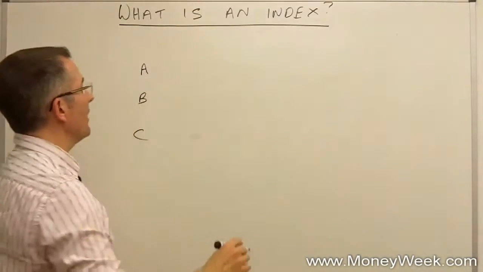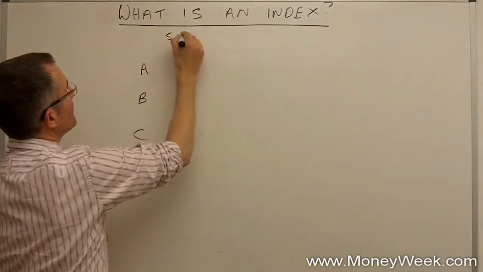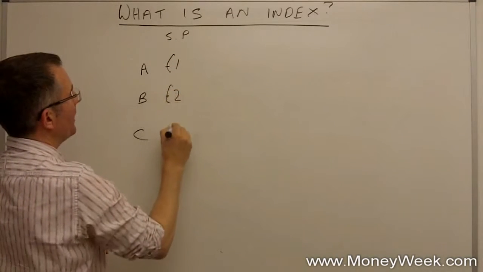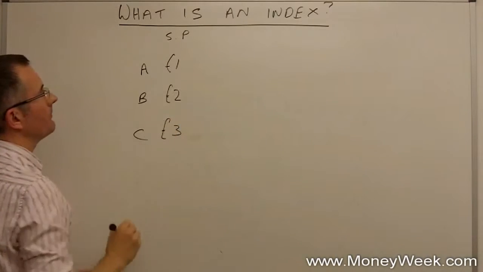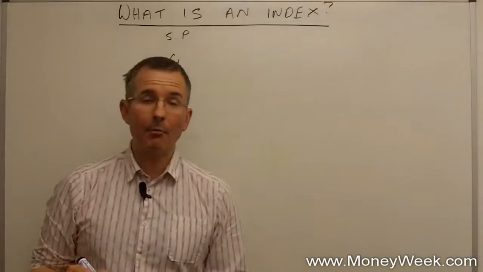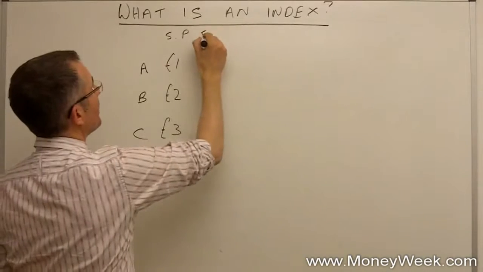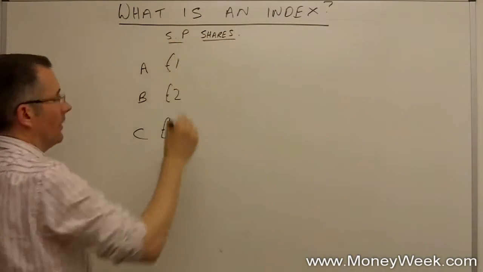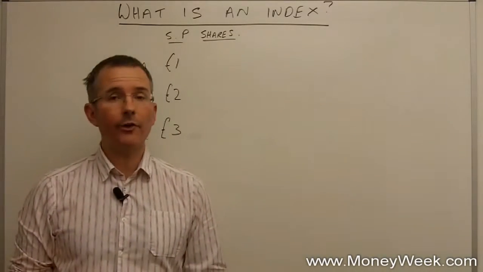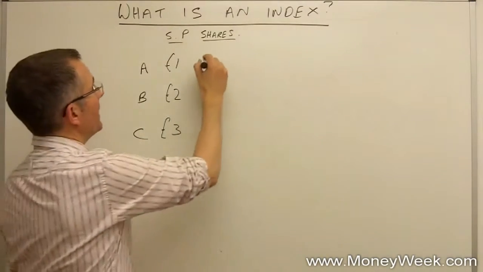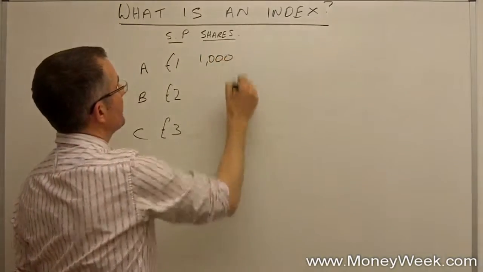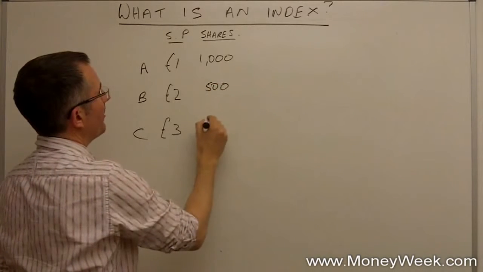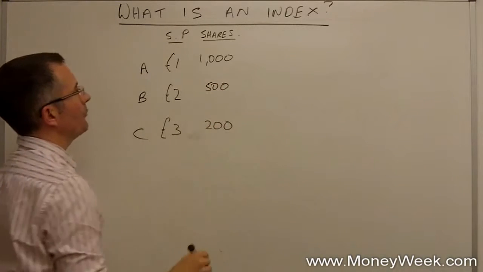Let's say the current share price is £1 for A, £2 for B, and £3 for C. And then the number of shares each company has in issue. They're slightly different sizes, these companies. So let's say the first company has 1,000 shares in issue, Company B has 500 shares in issue, and Company C just 200.